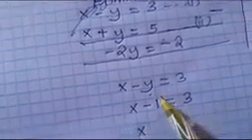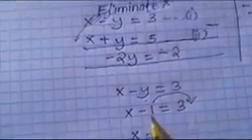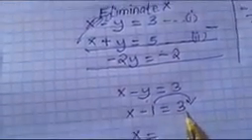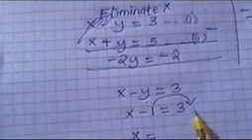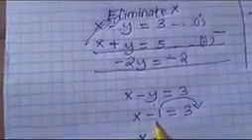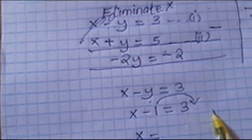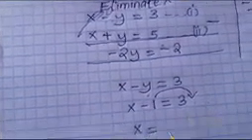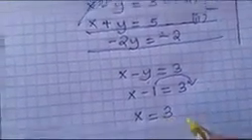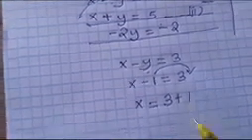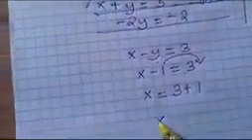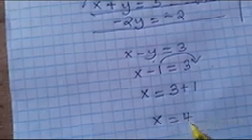This means x is equal to, we take this 1 to the other side of the equation. In simple terms, we are collecting the like terms. So x will be equal to, when a negative number crosses an equal sign, it becomes a positive number. So we shall have 3 plus 1. So this means x is equal to 4.